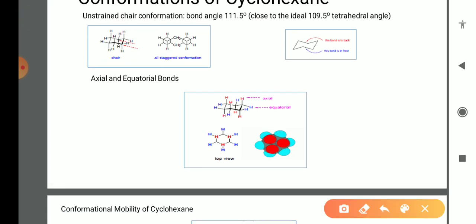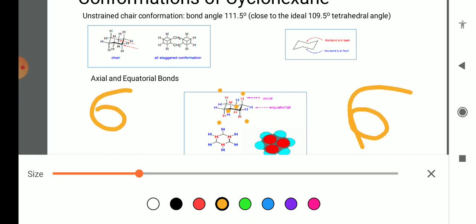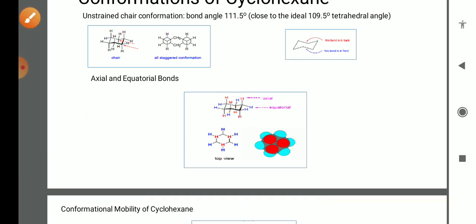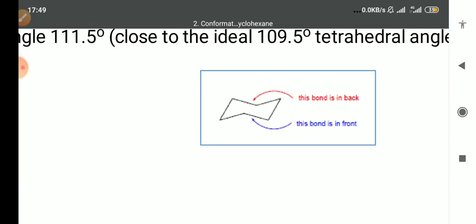Number 1, 2, 3, 4, 5, 6. 6 hydrogens are axial, 6 hydrogens are equatorial. Now here you can see, this is the back and this is the front side.